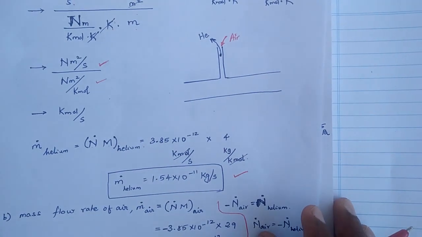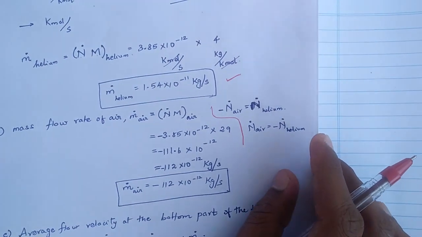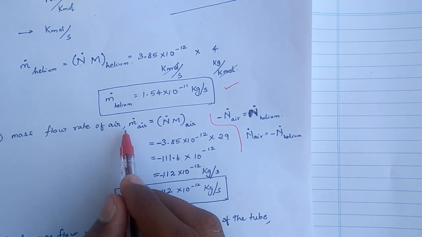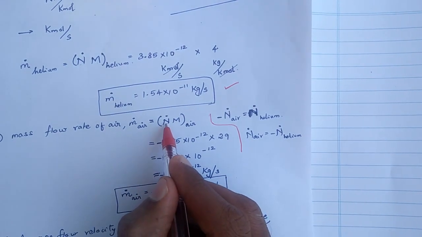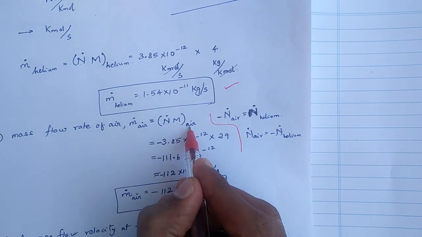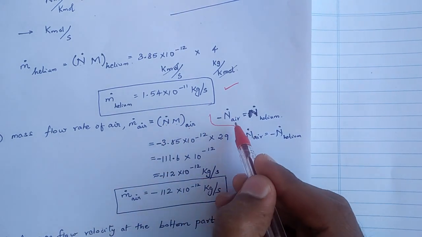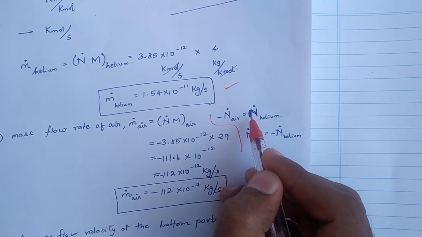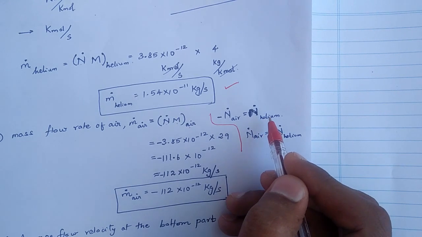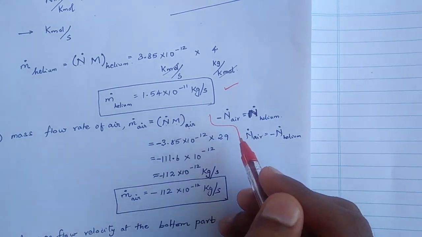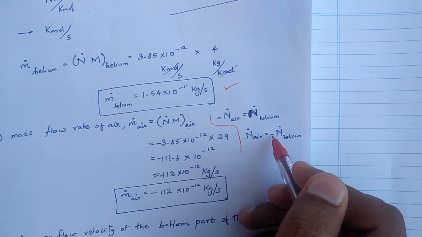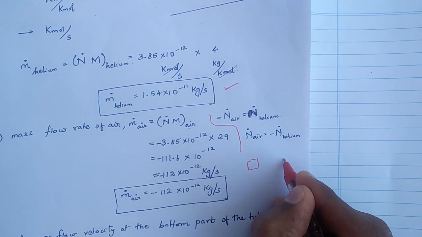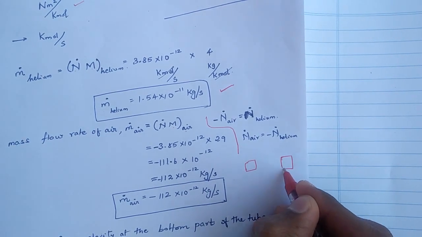So this is over. Next you have to calculate the mass flow rate of air. The same formula you are using. Mass flow rate of air is given by molar flow rate into molecular weight of air. The molar flow rate of air and molar flow rate of helium will be equal, but it will be having a negative sign because you are having air, you are having helium in one side.